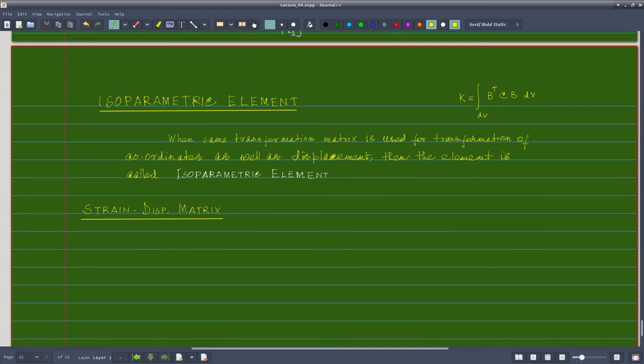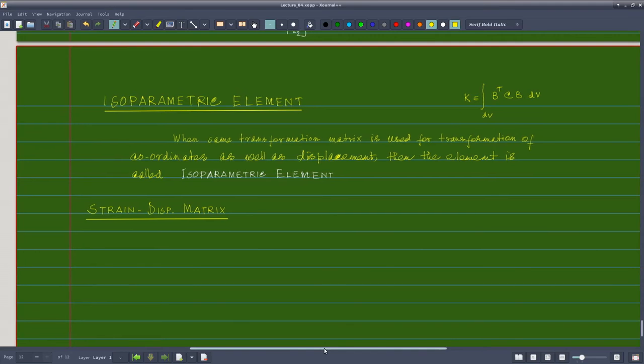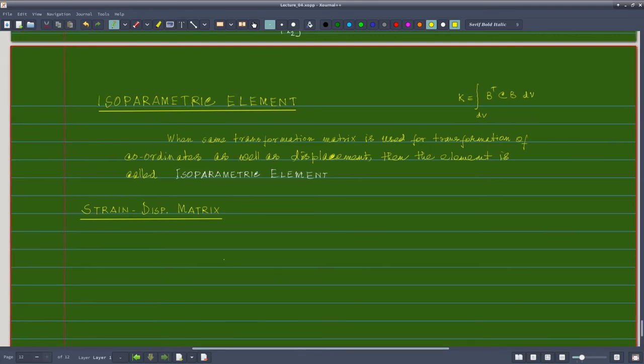So now let us find out the strain displacement matrix of our element. And we know that the strain displacement relation is given by epsilon, that is strain, is basically del u del x, or in this case, since it is a one-dimensional element, we can write du dx, right?